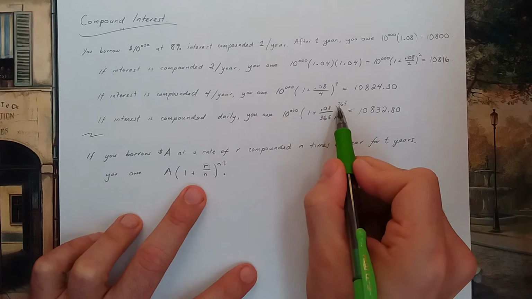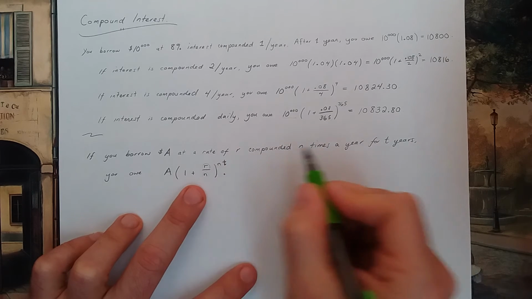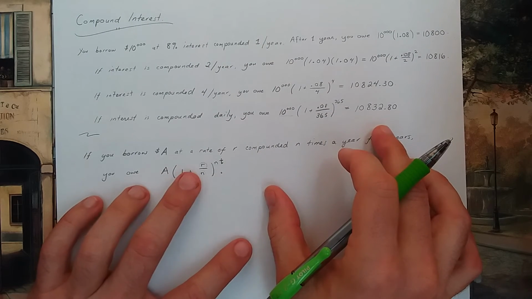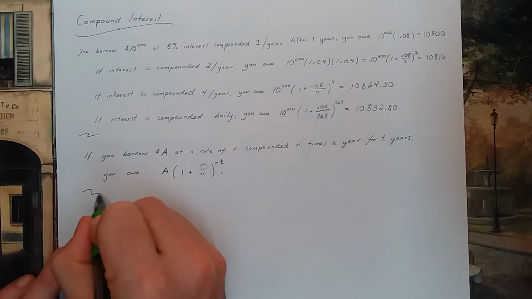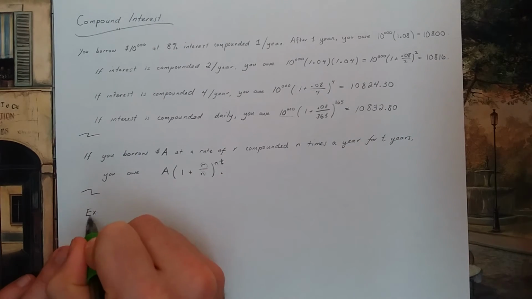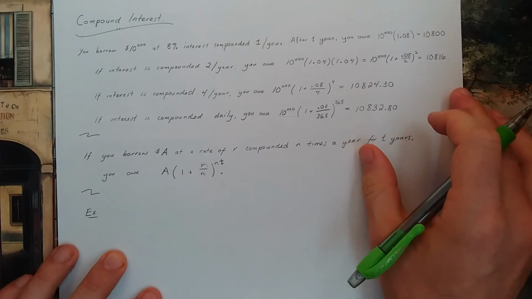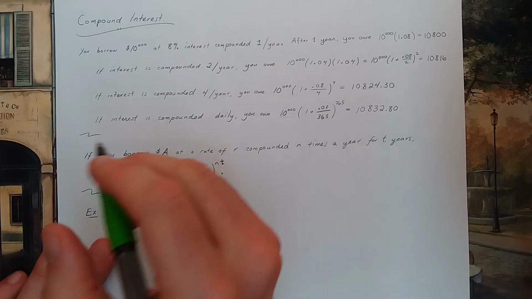I'm raising that to the N power, and then I'm doing that for each year T. So I get a sort of exponential function here. Let's finish this video with an example, and then we're going to continue thinking about this idea of compounding interest more and more rapidly in our next video when we introduce a very important number, e.